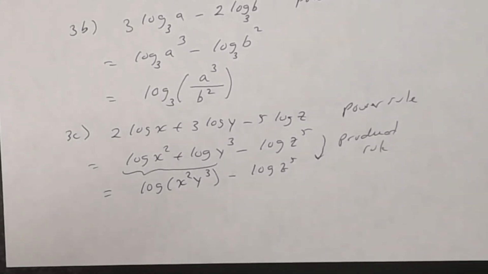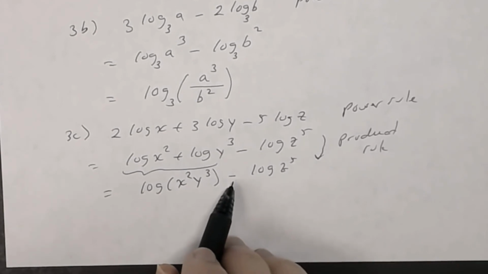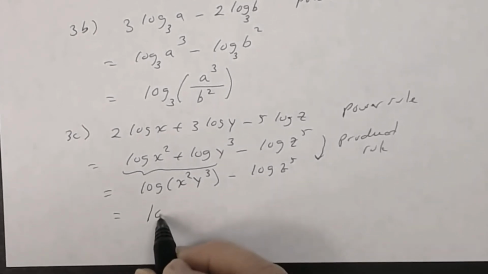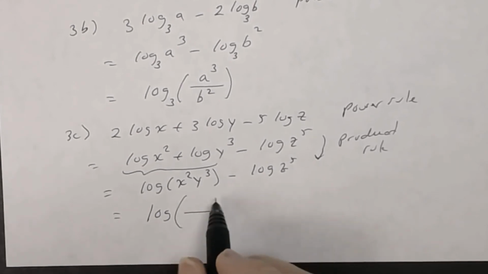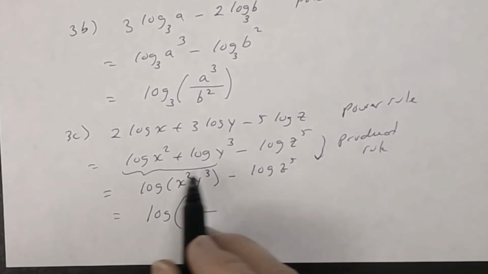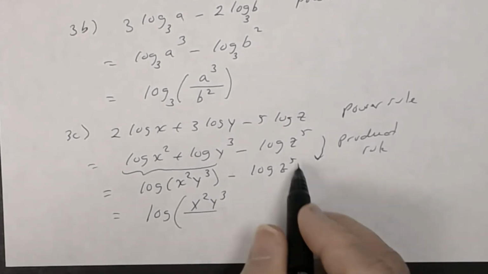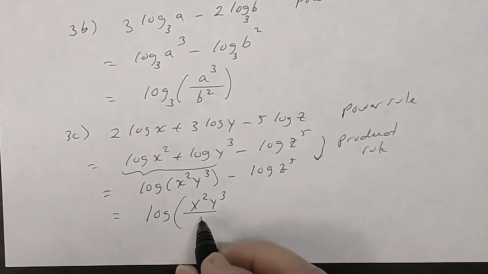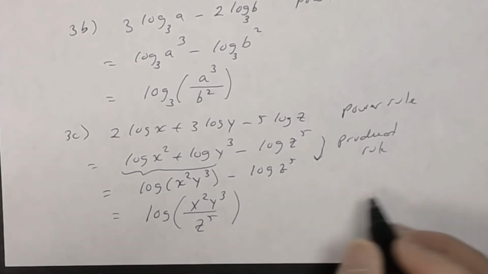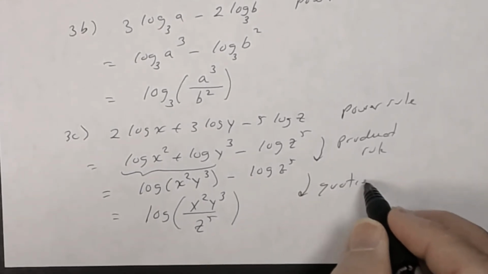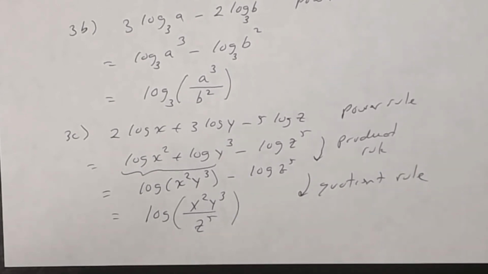And now, since I'm subtracting, I'm going to use the quotient rule. So that becomes the log, and that first expression is your numerator and that second argument here is your denominator. And that's your answer. So we use the quotient rule. Okay?